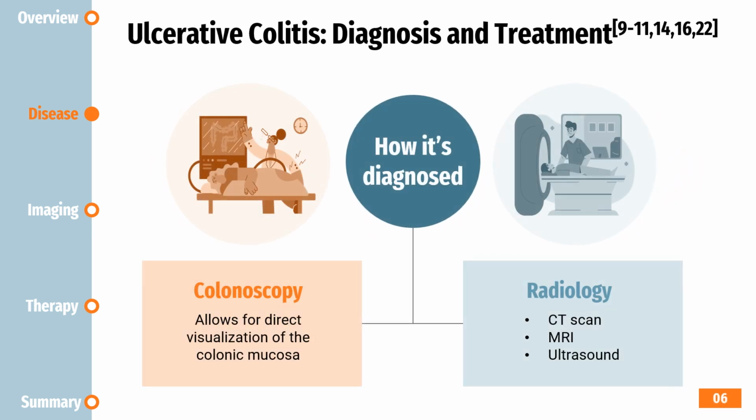In terms of how ulcerative colitis is diagnosed, endoscopy, particularly colonoscopy, is the primary tool for diagnosing UC by allowing the direct visualization of the colonic mucosa. It helps assess disease extent and severity, with UC typically showing continuous inflammation from the rectum. Mucosal inflammation varies from mild granularity to severe ulcers and spontaneous bleeding.